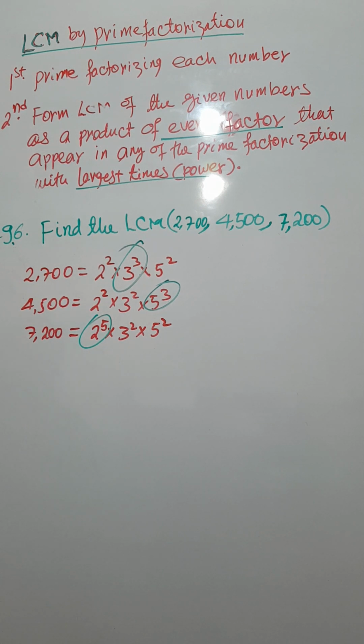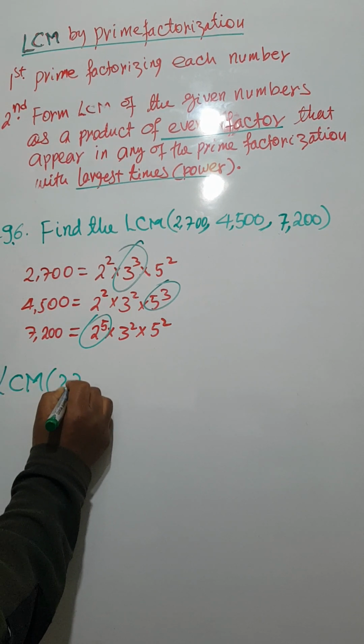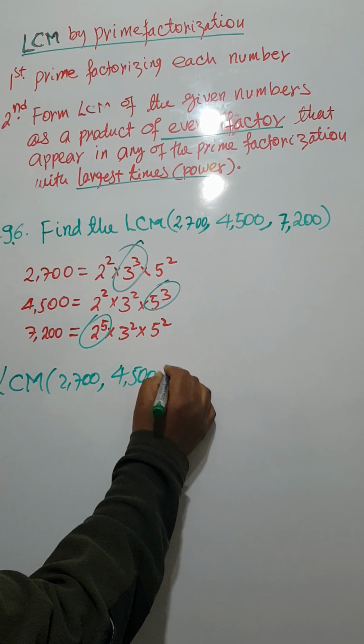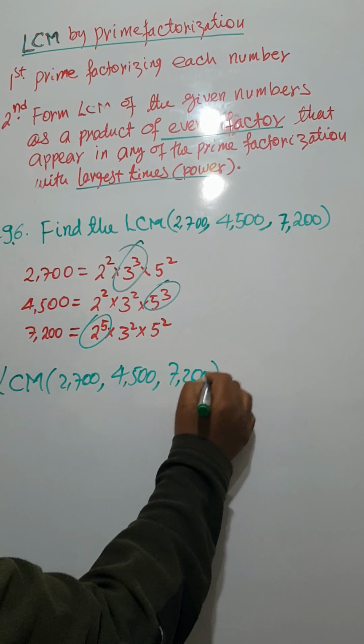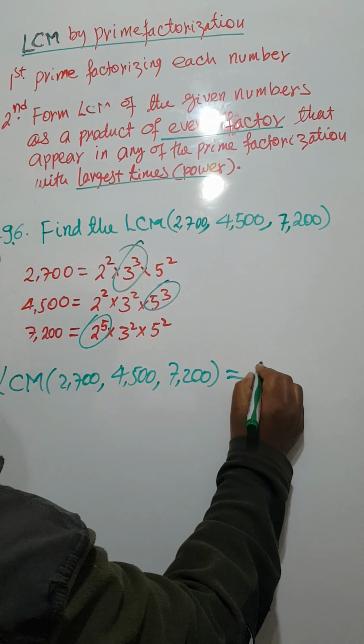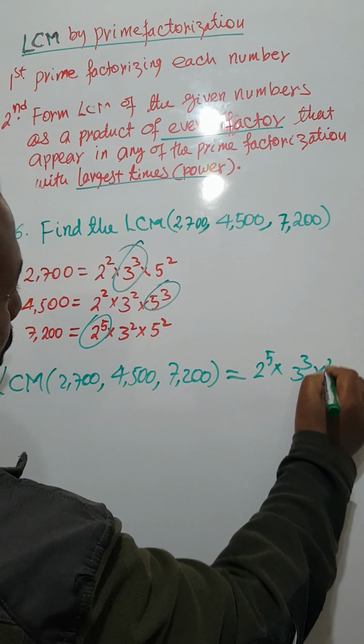So the LCM of 2,700, 4,500, 7,200 is equal to 2 to the power of 5 times 3 to the power of 3 times 5 to the power of 3.